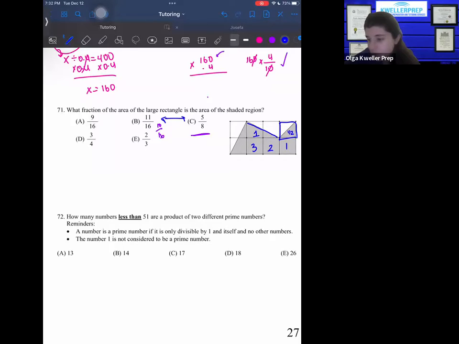So we've got 5, 6, 7 and a half full squares. The answer here is actually B. So you just have to be very, very exact in order to get it. Does that make sense?